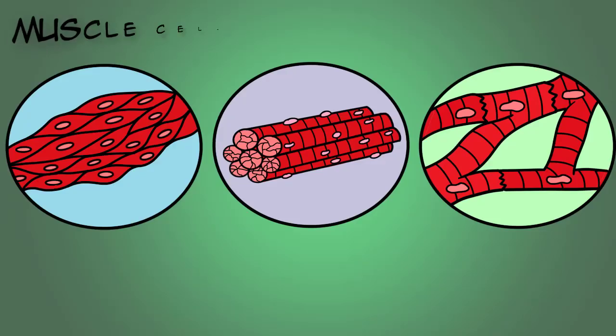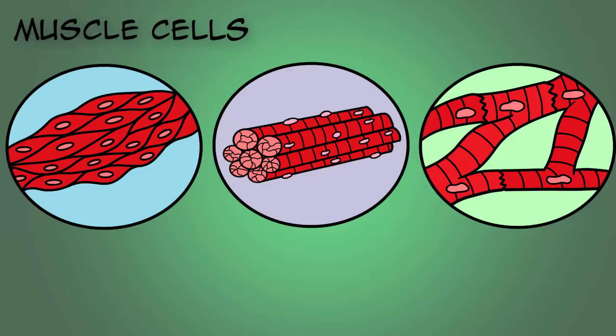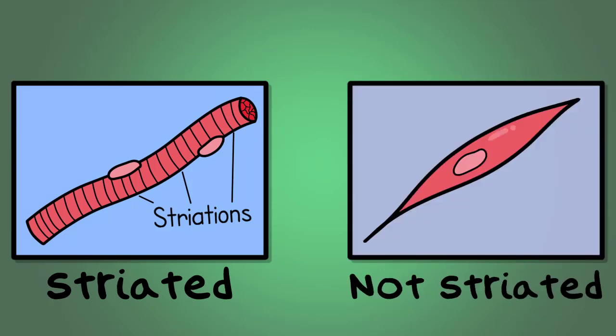How about muscle cells? Many muscle cells can have more mitochondria than many other body cell types because of their need for ATP energy. Now, depending on how their overlapping filaments are arranged, they can be considered striated, which basically means a striped appearance, or not striated. Their shape differs too.